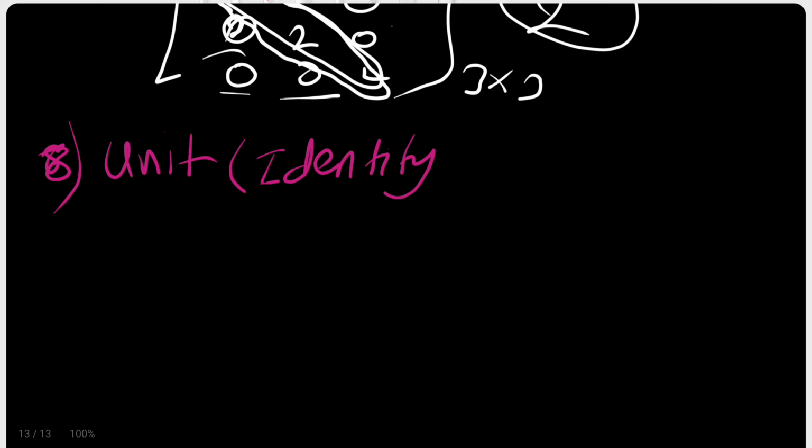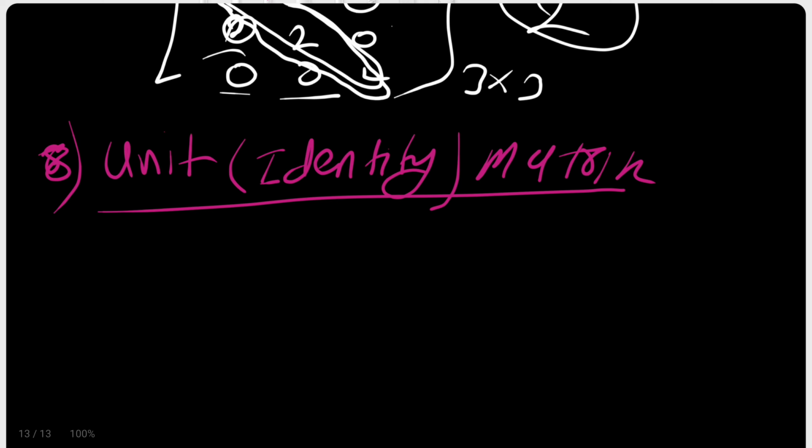Okay? Let's come to the unit matrix. This is very important. Unit matrix, or you can also say identity matrix. We can call this unit matrix or identity matrix.